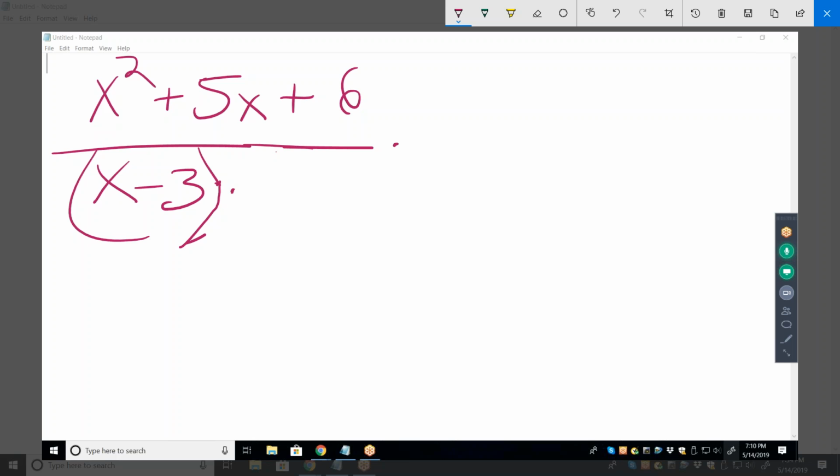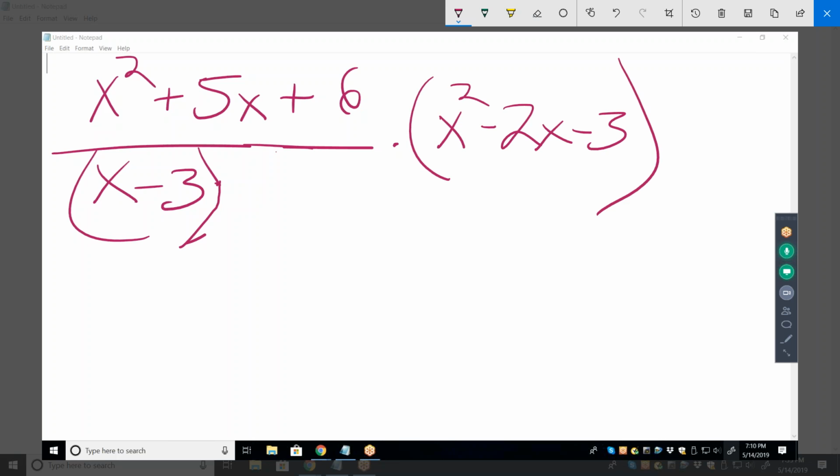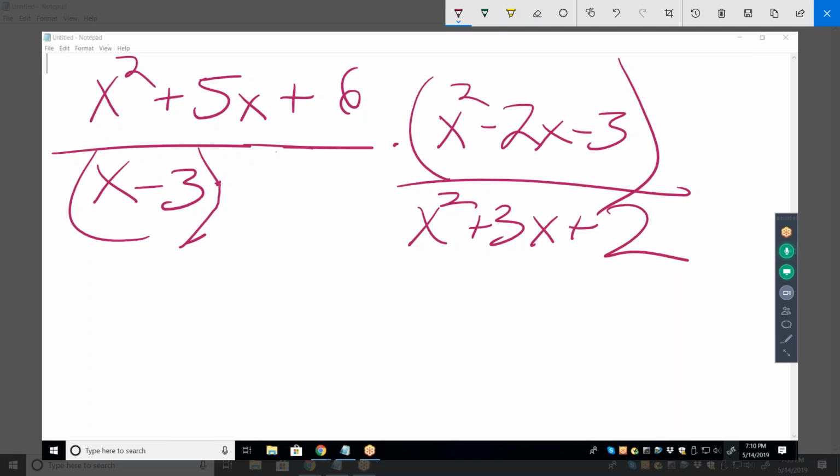Yeah. Ah, okay. And then it's not x squared part of this fraction. Okay. Right. And then it's x squared minus 2x minus 3 over x squared plus 3x plus 2. Yeah, like that. Okay. What kind of problem is this?